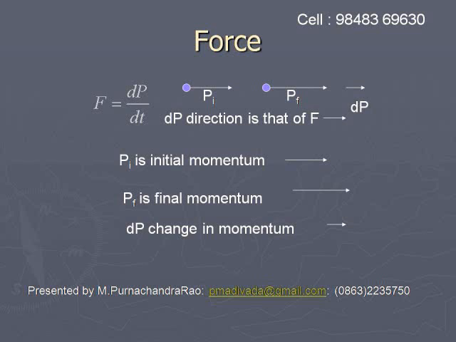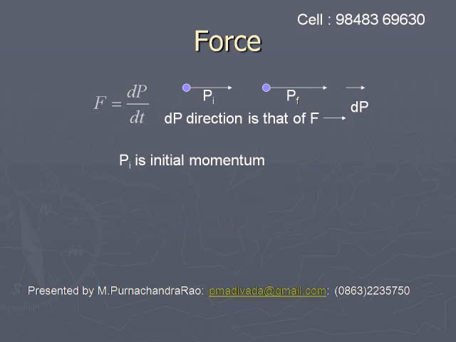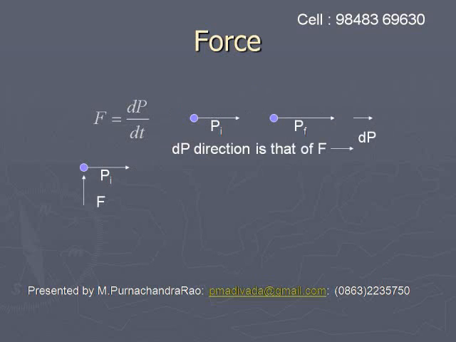The difference will be equal to dP. Here, the force is applied from left to right. Since dP is from left to right, dP and F are in the same direction. So, dP will be in the direction of force F.